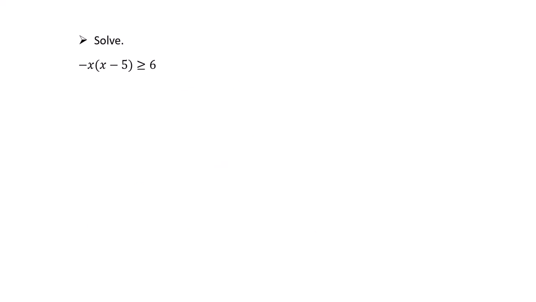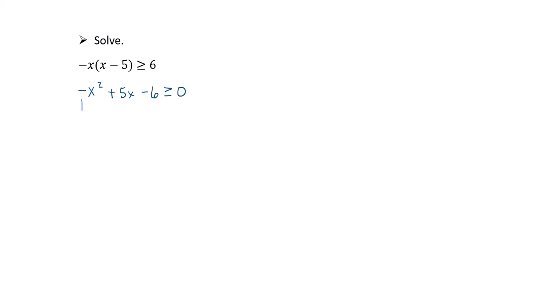Let's solve this nonlinear inequality. Now, again, I have not a 0 on the one side, and that's what I need so that I can determine positive and negative. So I'm going to go ahead and distribute the negative x and subtract 6 from both sides so that I can have a 0 on the one side.